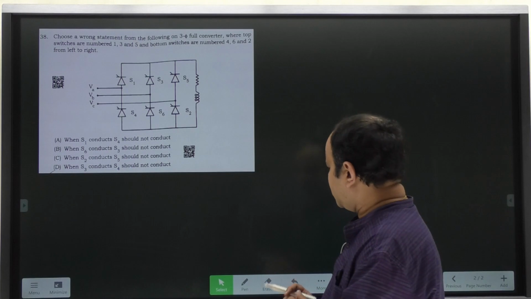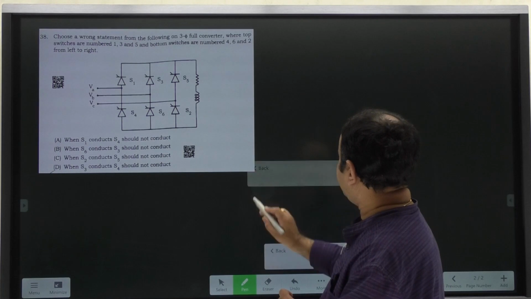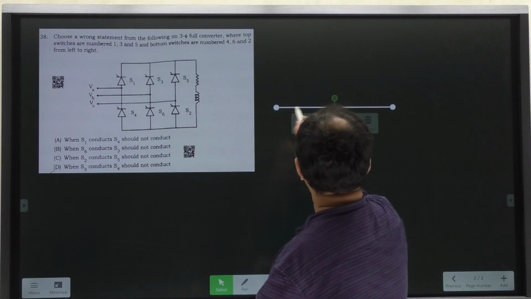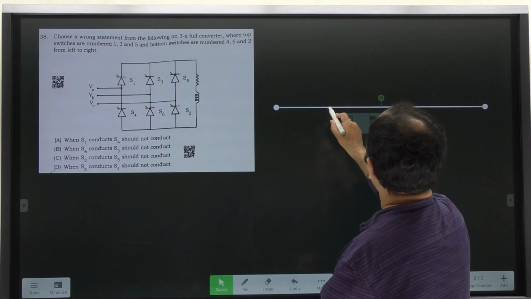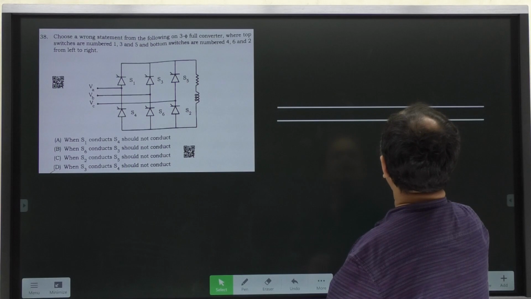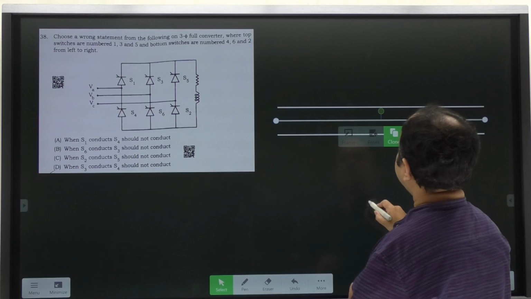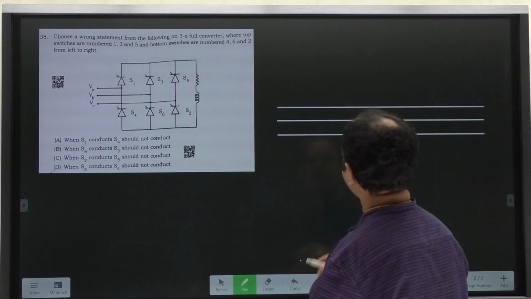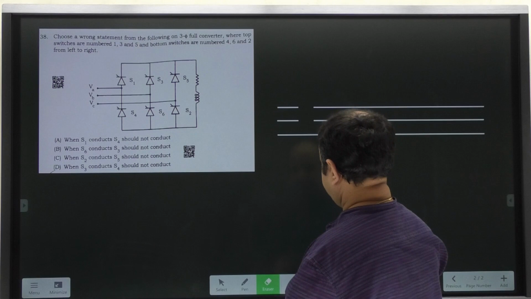Why? Because if you just recollect the conduction sequence diagram, say for example, firing angle alpha, of course, a particular firing angle is not given. If I say let us say firing angle is 0 degree, then what is the conduction sequence diagram basically in this circuit?